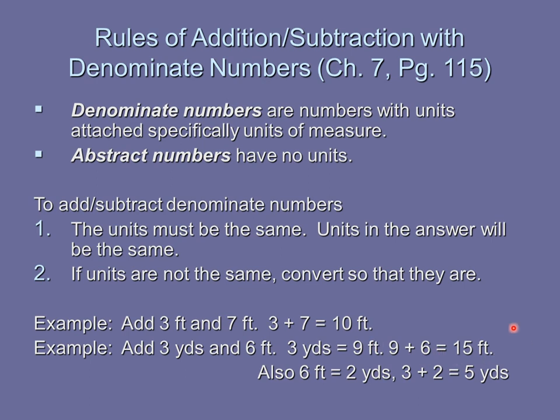We made 15 feet. Here we converted 6 feet into yards, so now everything is yards. We added yards. So it's up to you, or up to how the question is being asked. The question might be asking for everything to be given in yards or everything in feet, but all the units must be the same, right?